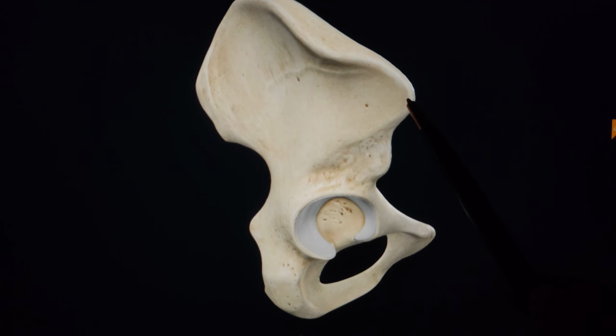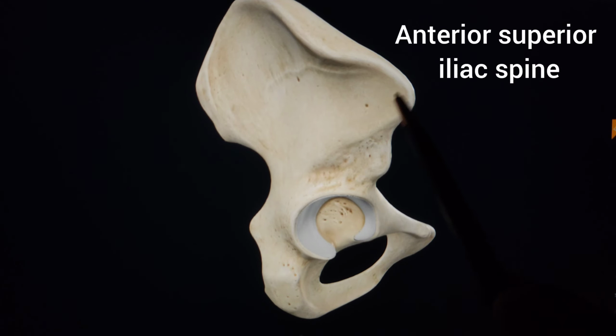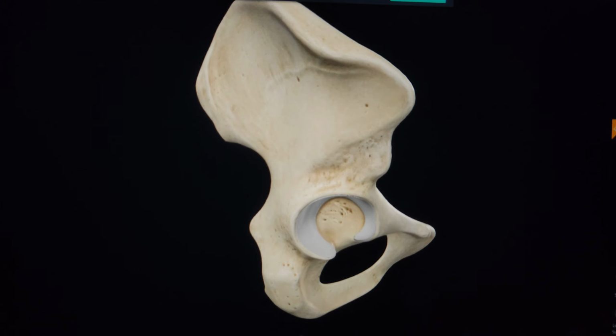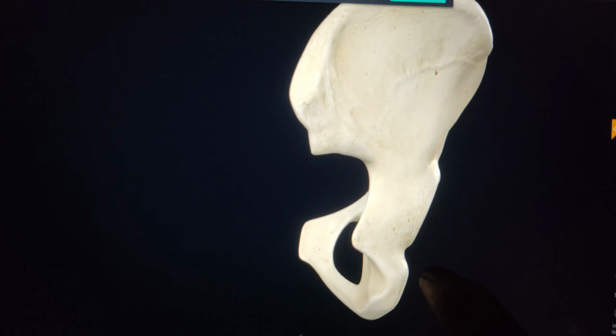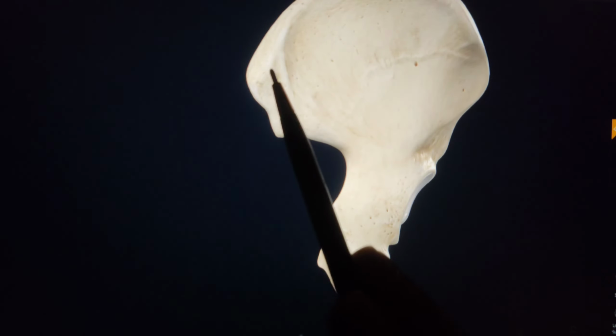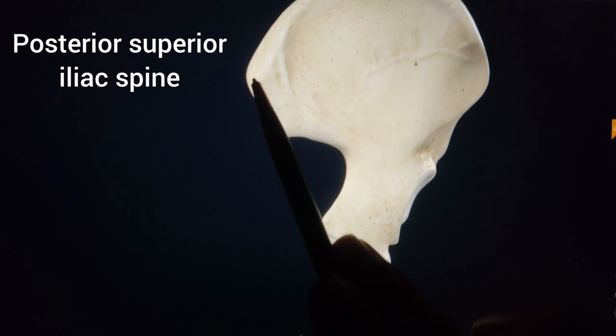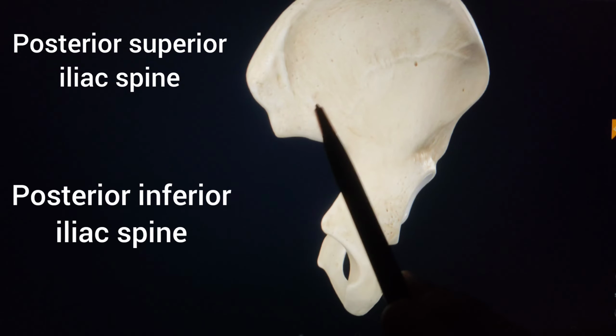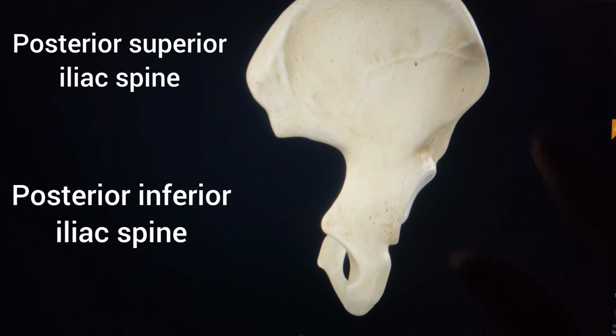This spine is called the anterior superior iliac spine, and the spine below it is called the anterior inferior iliac spine. Also from the posterior side we have two spines. This spine is called the posterior superior iliac spine, and this spine is called the posterior inferior iliac spine.